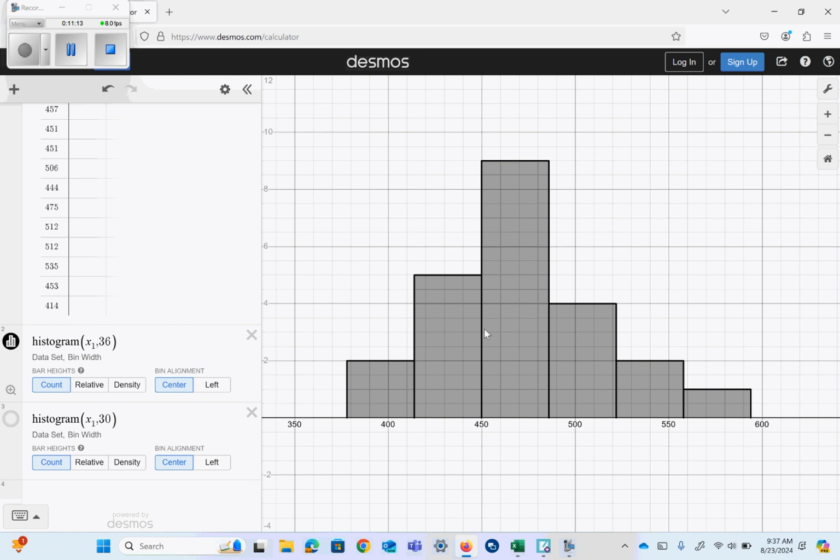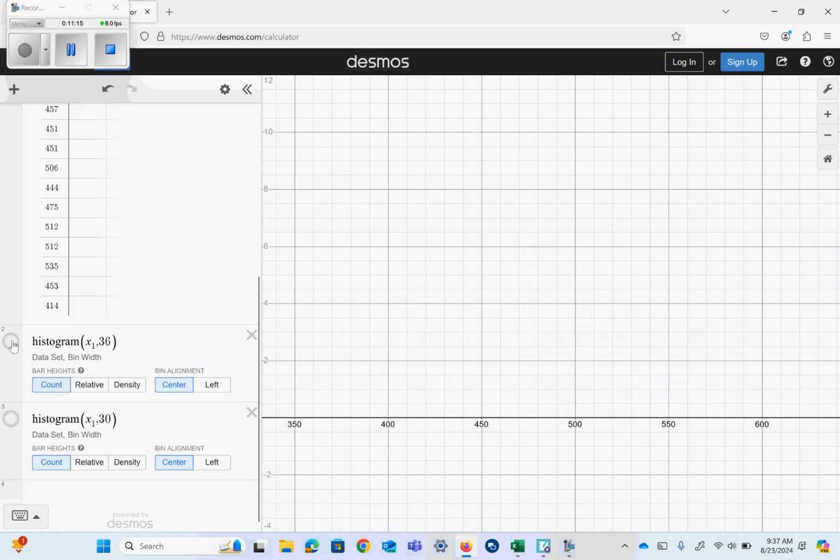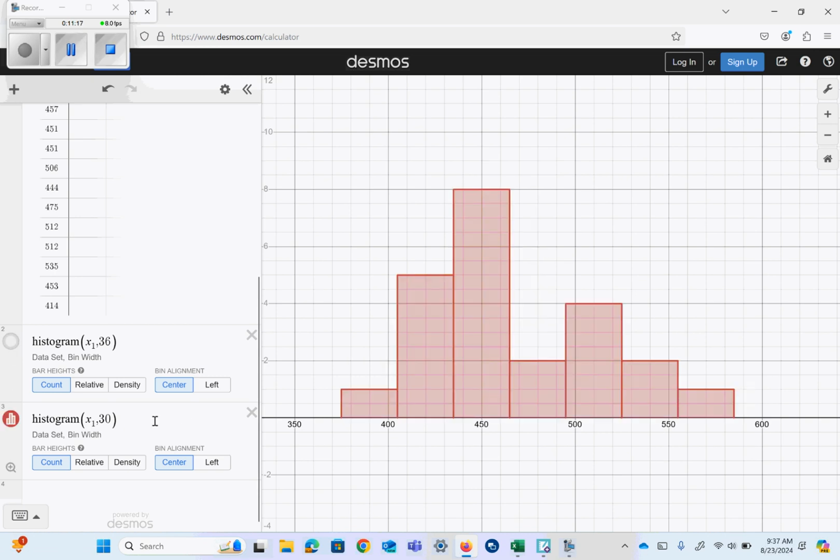If I had changed my histogram to this red one, this is an appropriate histogram to look at. If I looked at the 94 season, 453 is in this tall one, and then 535 is probably over, let's see, we're going by 30s.